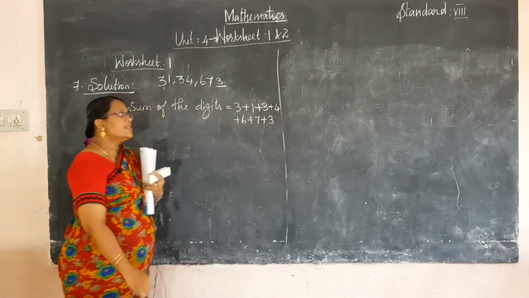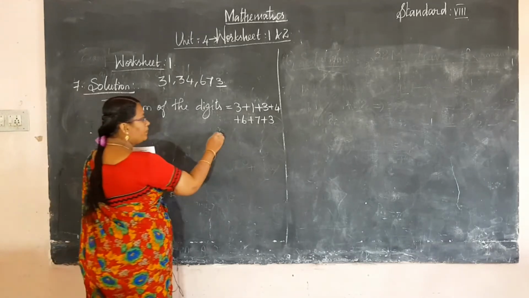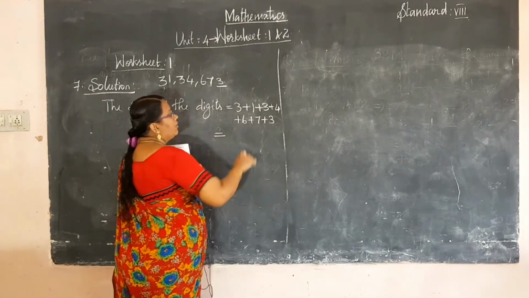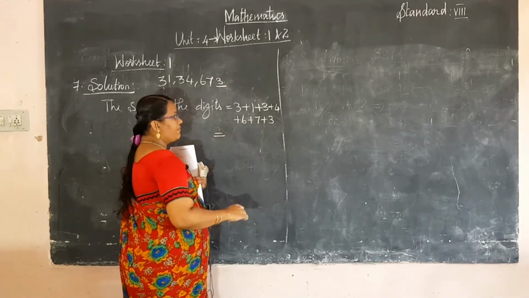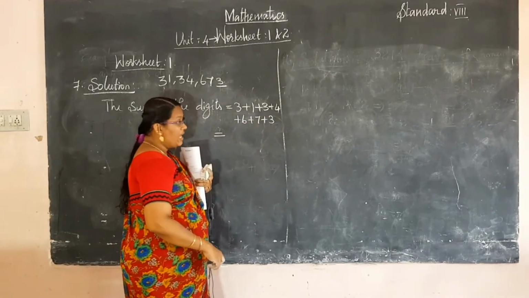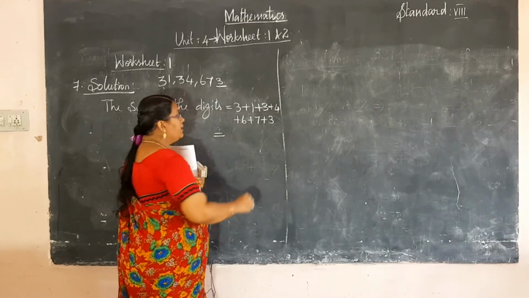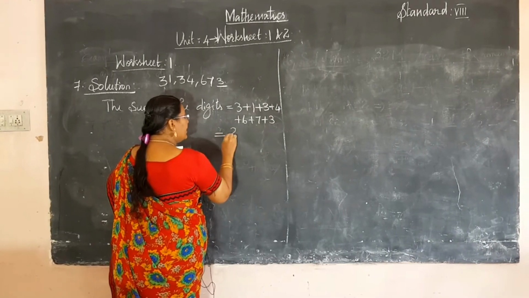So add these values. 3 plus 1 is 4, 4 plus 3 is 7, 7 plus 4 is 11, 11 plus 6 is 17, 17 plus 10 is 27.